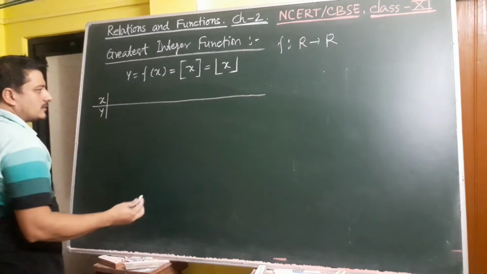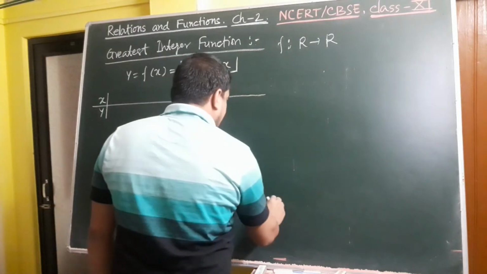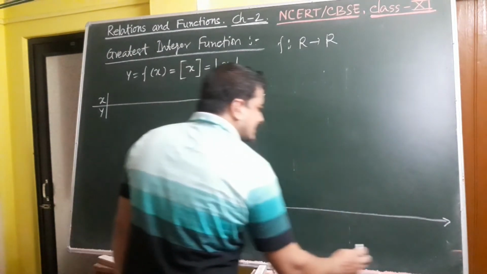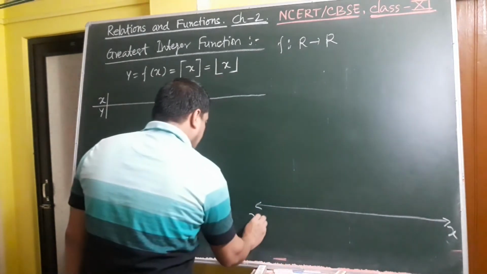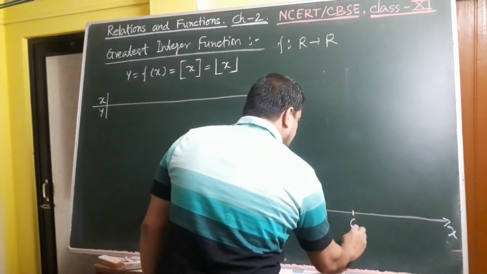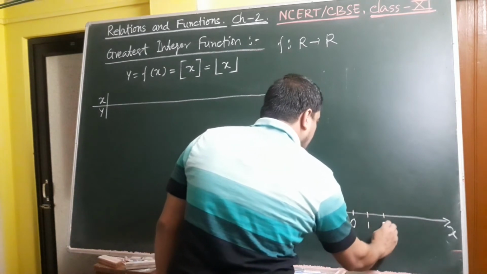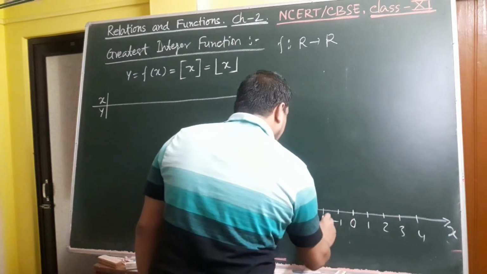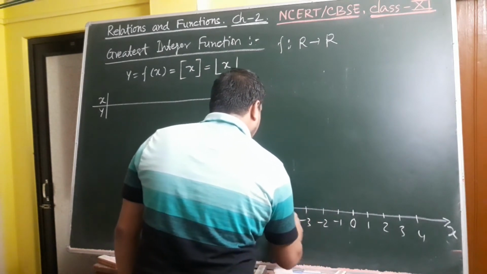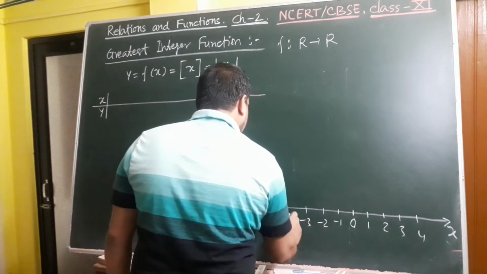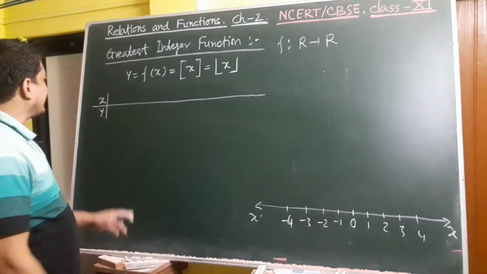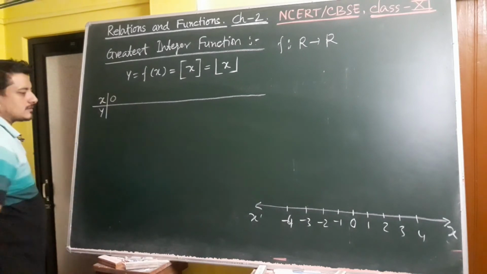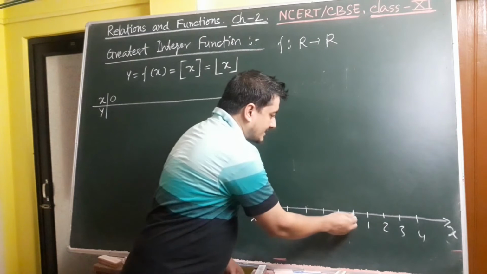So you already know this is 0, 1, 2, 3, 4, minus 1, minus 2, minus 3, minus 4. Now if I take any value, say I'll start from 0. If it is 0, you already know smaller than or equal to.